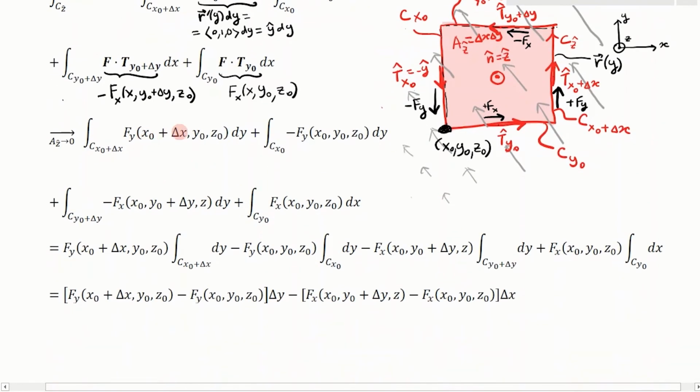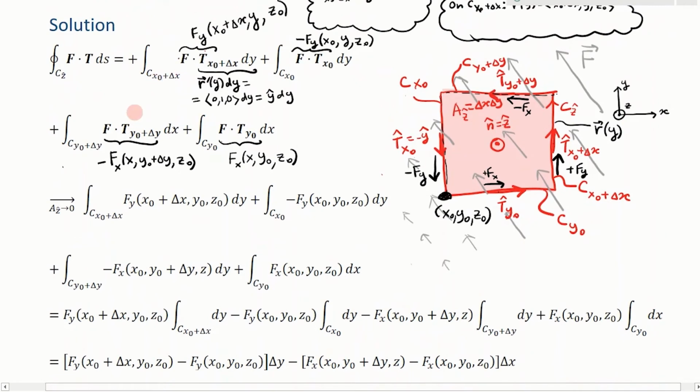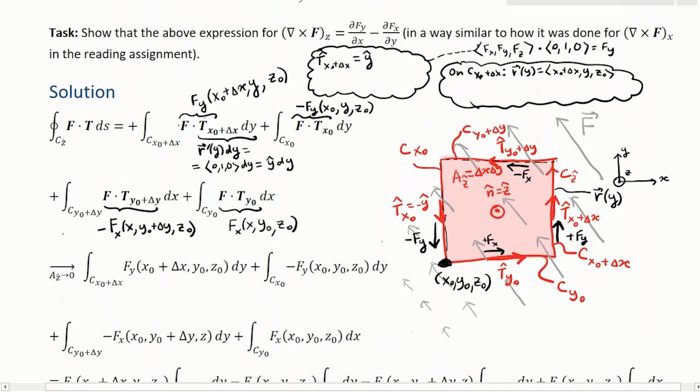Okay, that's not the only thing I did. Another thing I did is, if you compare these two sets of lines, you will notice that I replaced y with y naught right here, and here I replaced y with y naught.